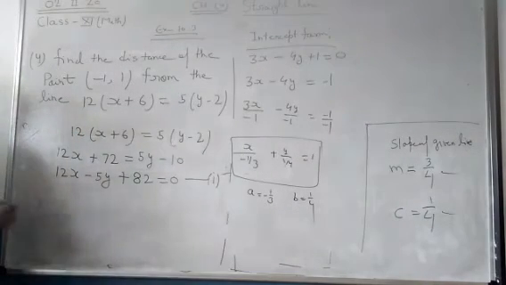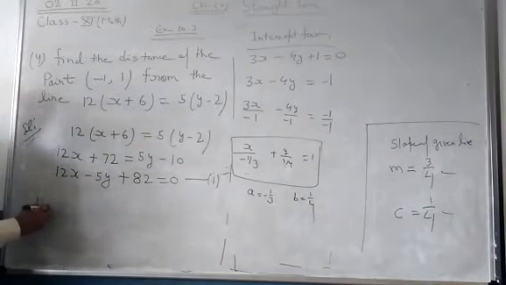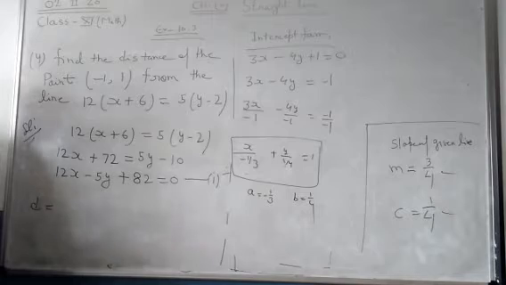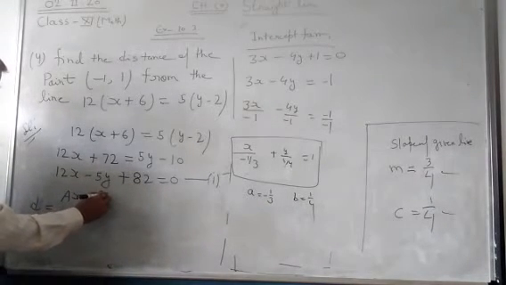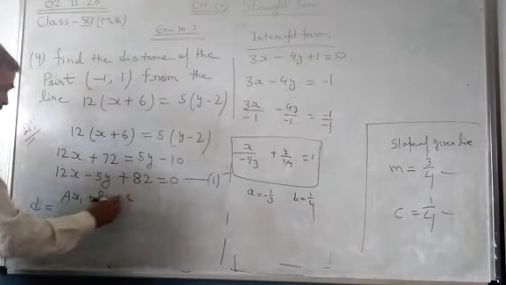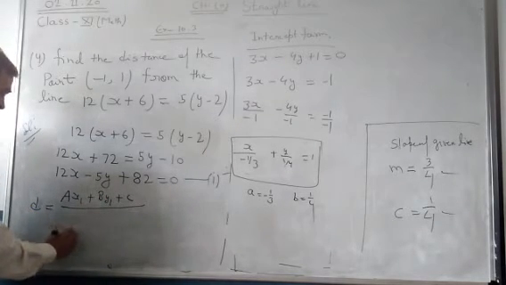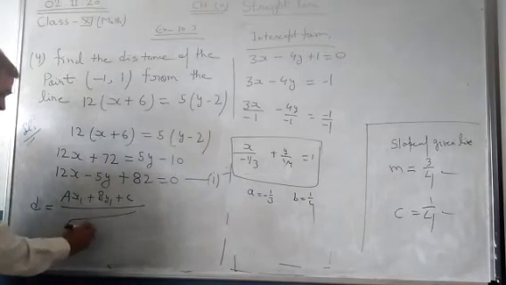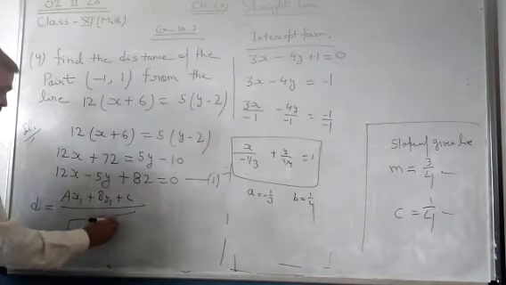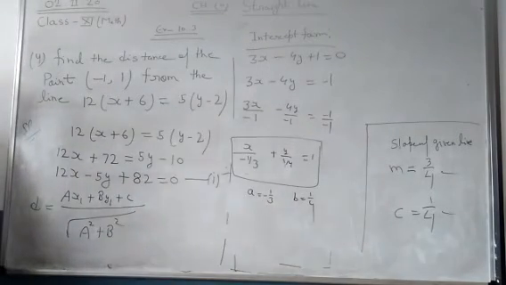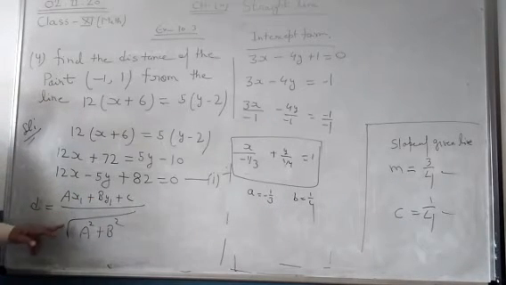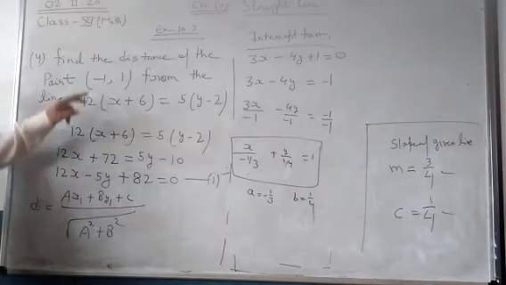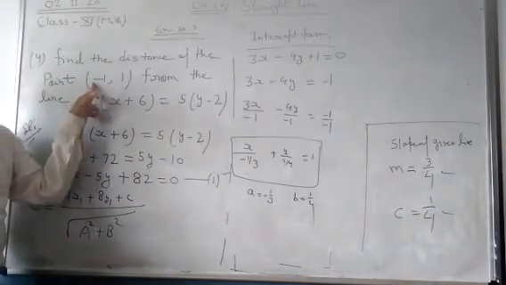We know that the distance of a straight line from a point is ax1 plus by1 plus c upon under root a square plus b square, right? What are x1, y1? In such a question, x1, y1 is given: minus 1 comma 1.